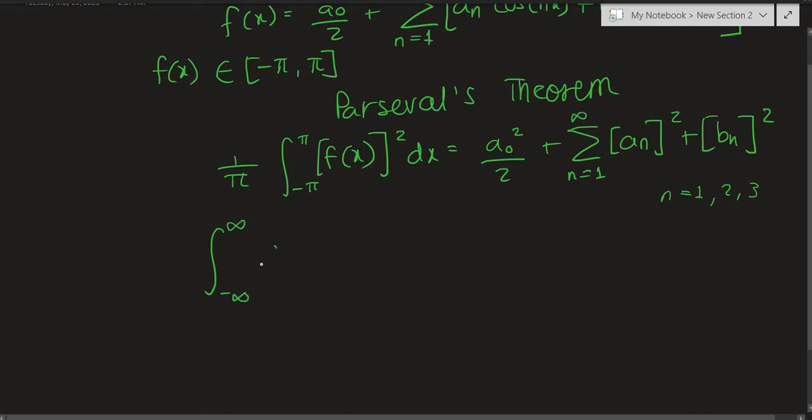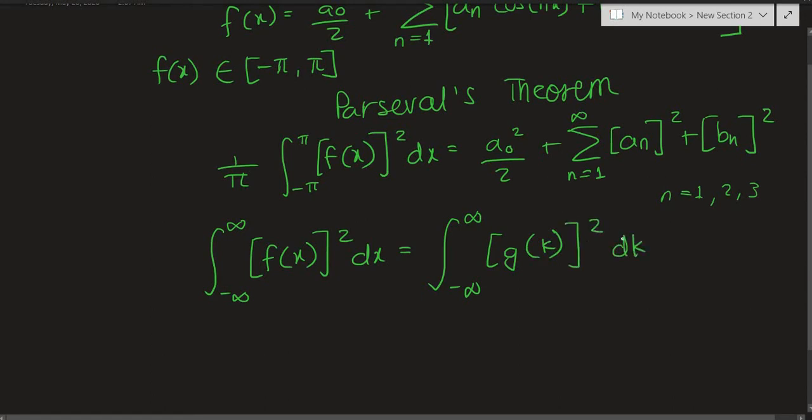But this is defined as our original function f of x squared dx is equal to the integral from negative infinity to positive infinity of g of k squared dk, and notice that g of k is nothing but your Fourier transform of f of x.